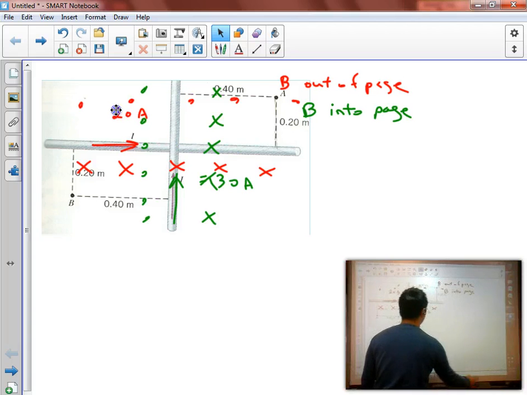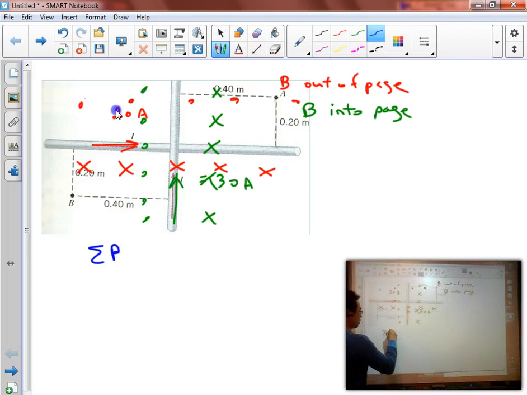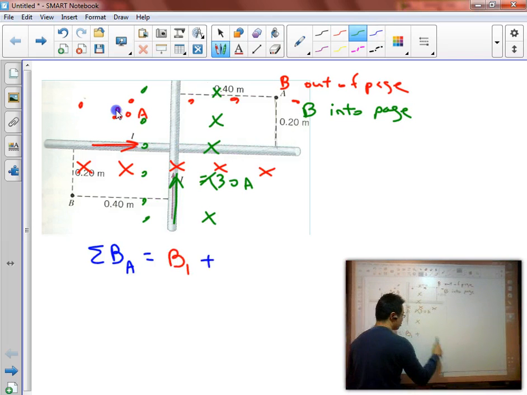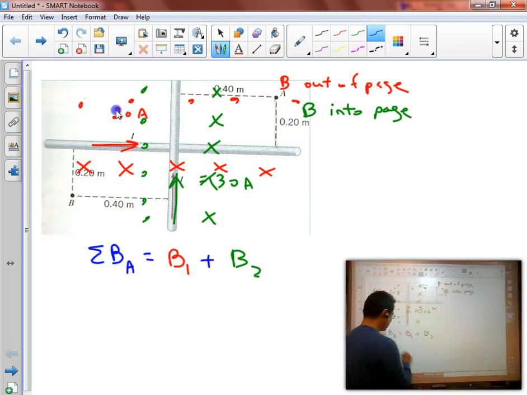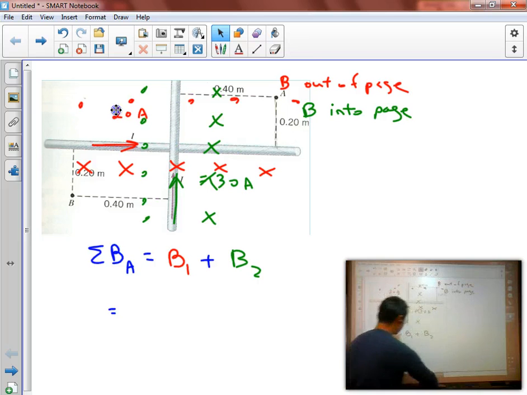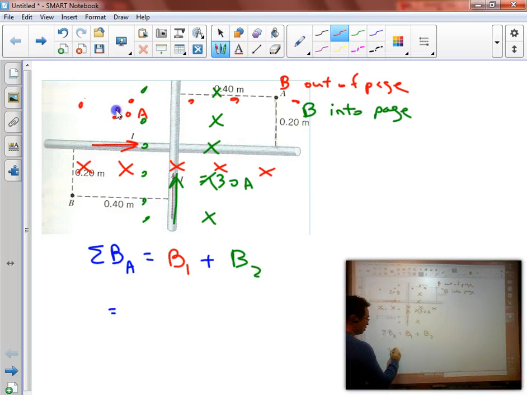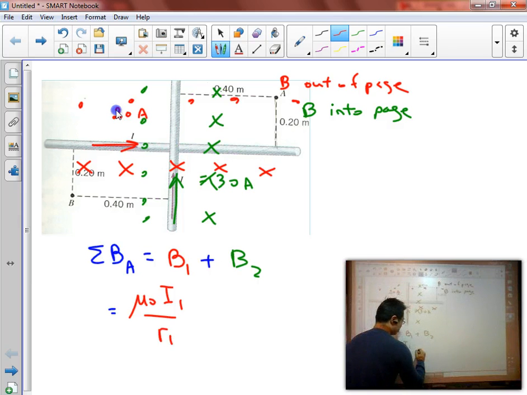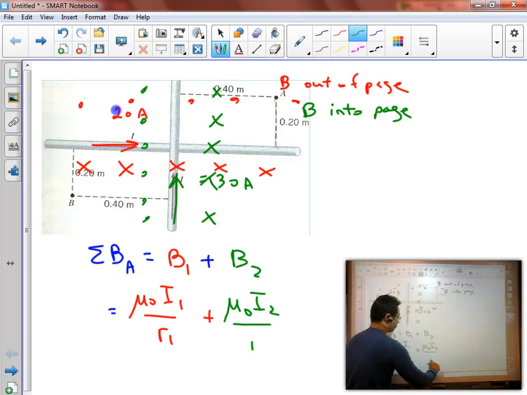So if we're looking for the total magnetic field at point A, that would equal B1 plus B2. Okay? So if you work this out, this simply equals mu naught I1 over R1 plus mu naught I2 over R2.